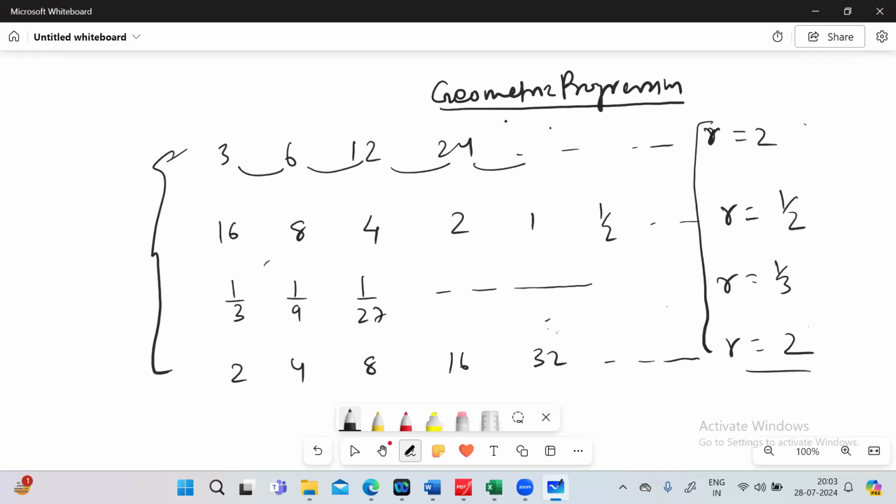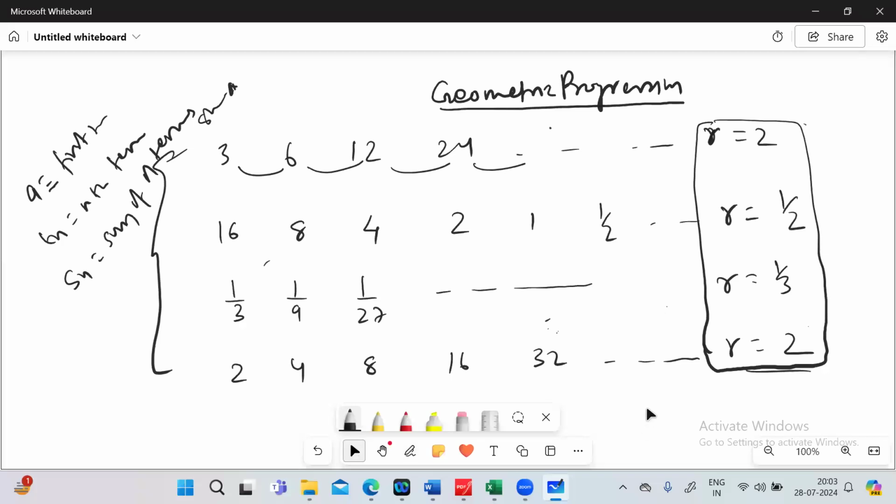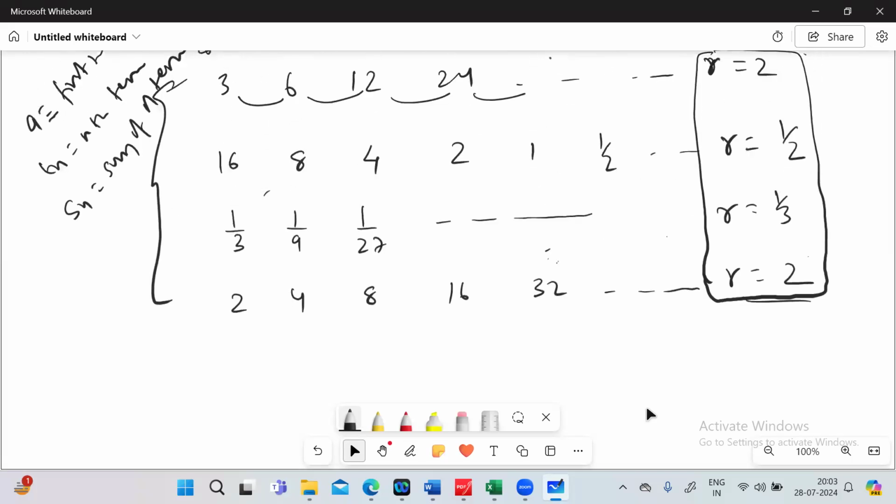We will keep the other notation of progression from arithmetic progression, like A will denote the first term, Tn will denote the nth term, and Sn will denote the sum of n terms starting from A. In a very quick observation, you can identify that if 3 is the first term and R is 2, the next term I am getting by multiplying R to the first term.